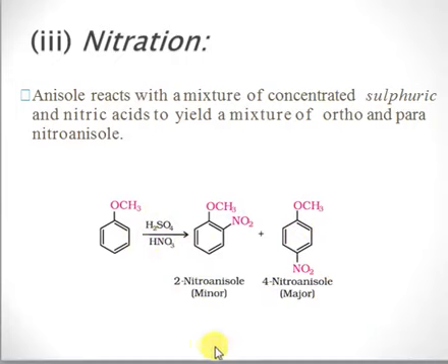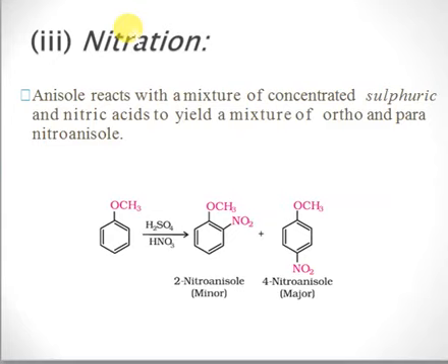So we get a mixture of products with ortho as minor and the para product as the major product. So it's important to note that whenever we consider these reactions for alkyl aryl ethers, we always say that the ortho product is minor while the para product is major.